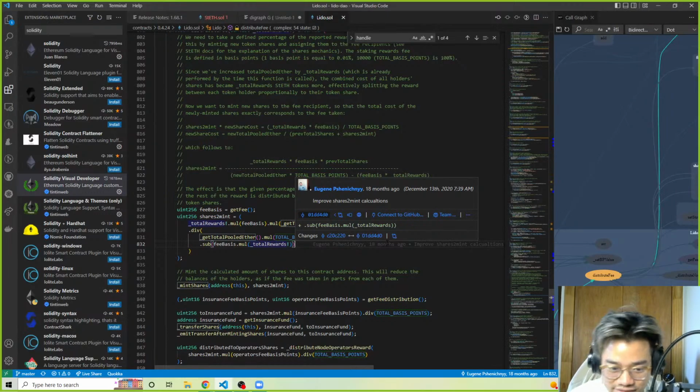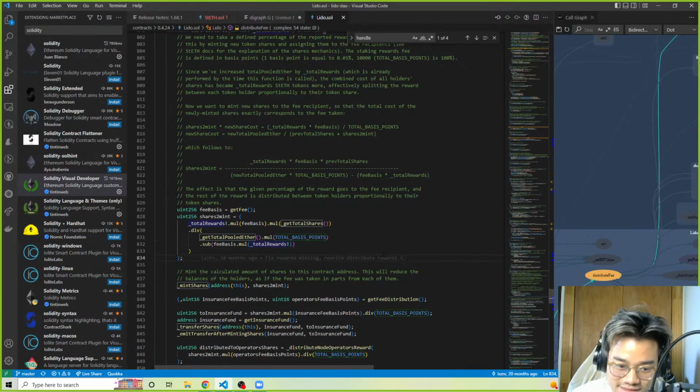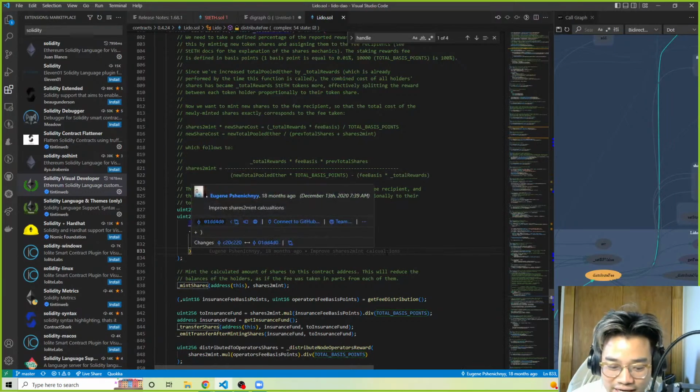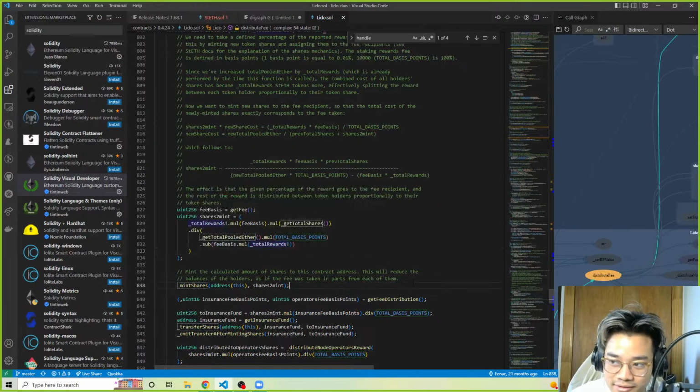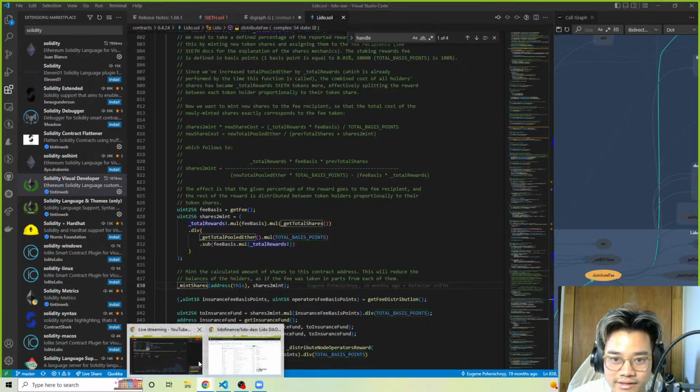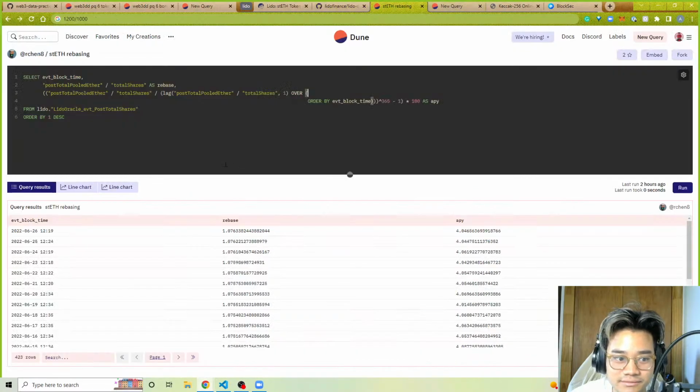validator in terms of redemptions, but the rebase is still happening, in terms of we now get more ETH for the same amount of tokens we've put in, right? And essentially that's what's being calculated in Richard's query here, right?